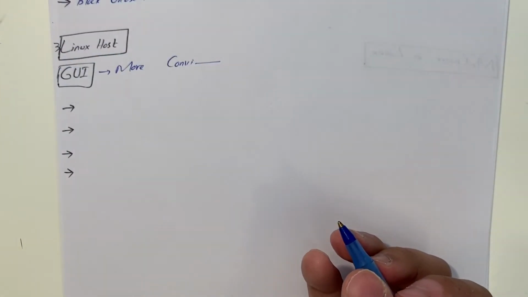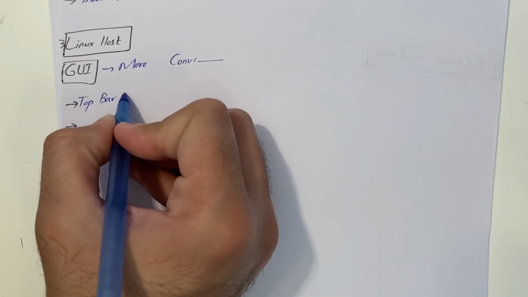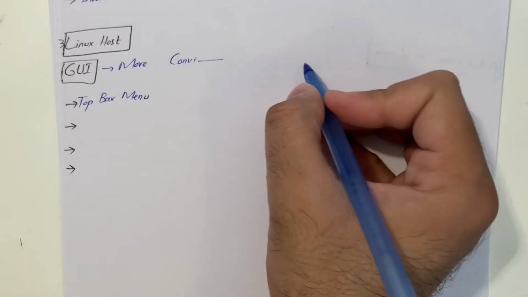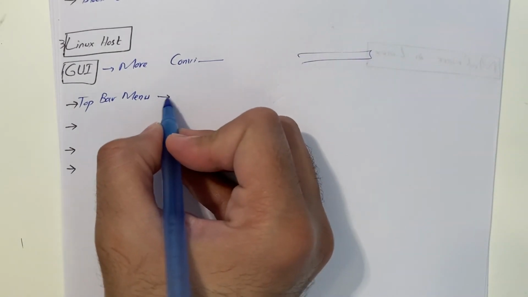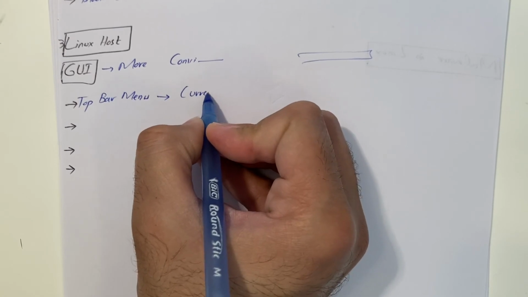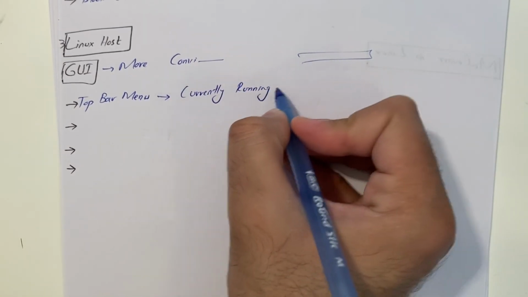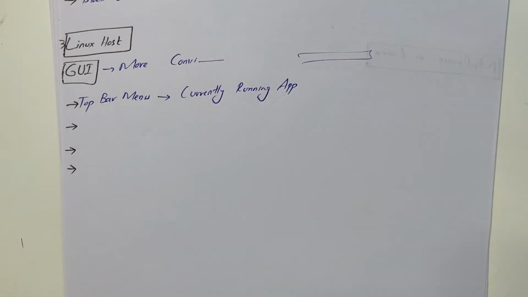Four things in the GUI in a typical Linux you will see. One is the top bar menu, which shows right at the top. It shows you the currently running applications.